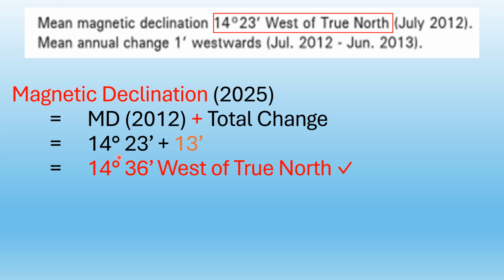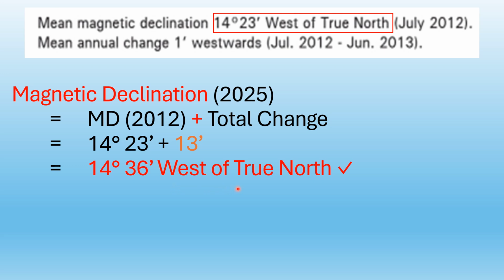In our example, the reading for 2012 was 14 degrees 23 minutes. The total change was 13 minutes westwards. When we add these two values, we end up with a magnetic declination of 14 degrees and 36 minutes west of true north.